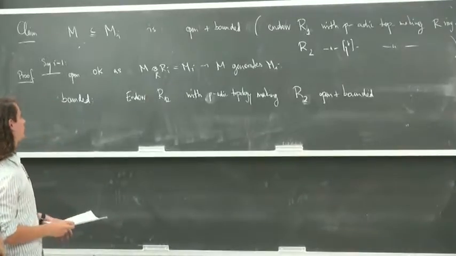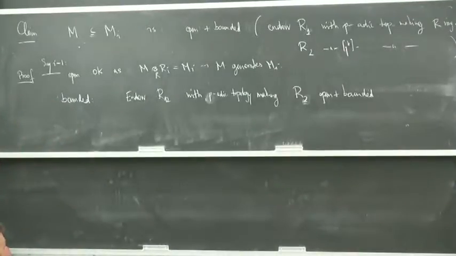Can you repeat how we know that M tensor R_i is Mi? Well, I think that's true for any quasi-compact open immersion of schemes. I mean, you can just quickly say that. If you have any element of M1, that gives you an element of M12, and some p power of it will come from M2, because M12 is just M2 with p inverted.